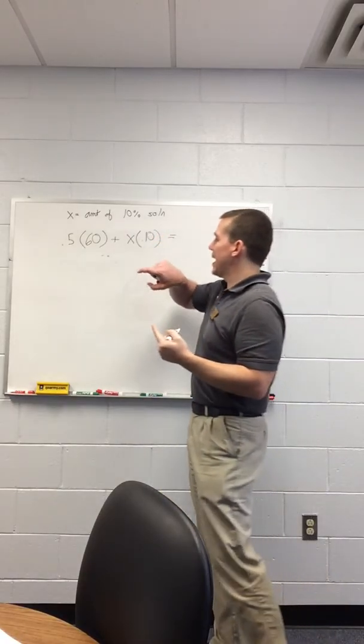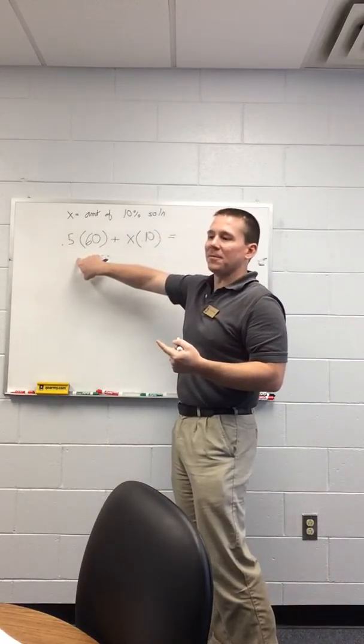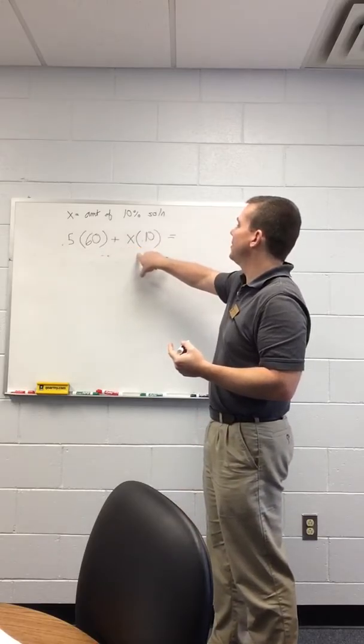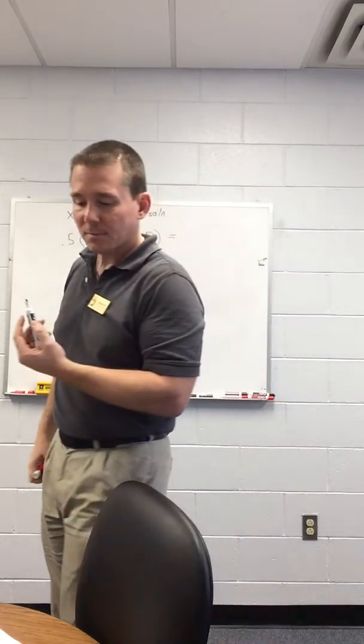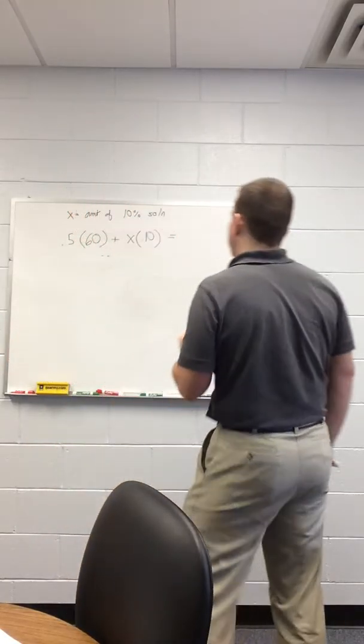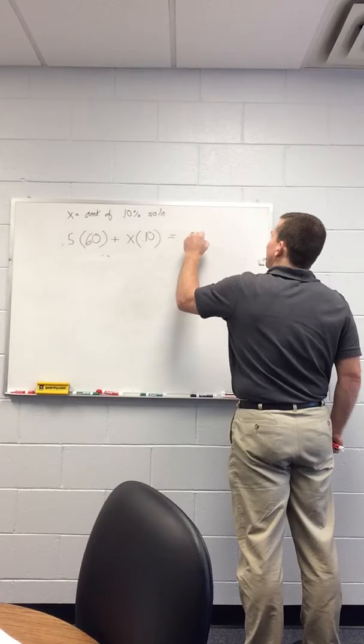And now we have saline from the first solution plus saline from the second solution should equal total saline. We want a 25% solution, so 0.25.